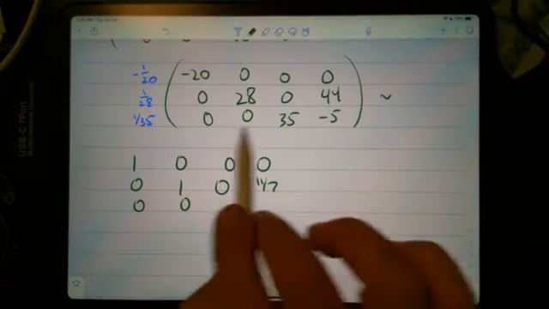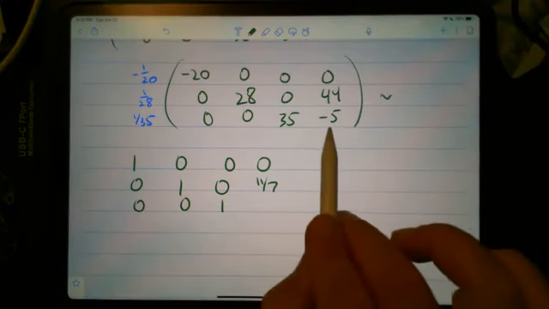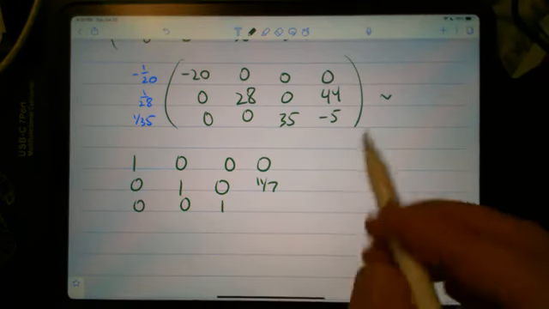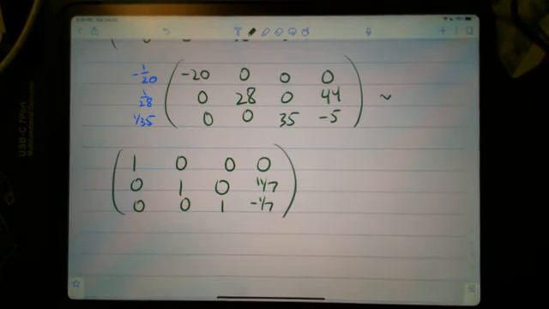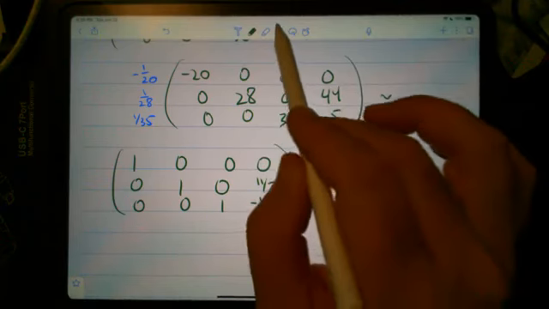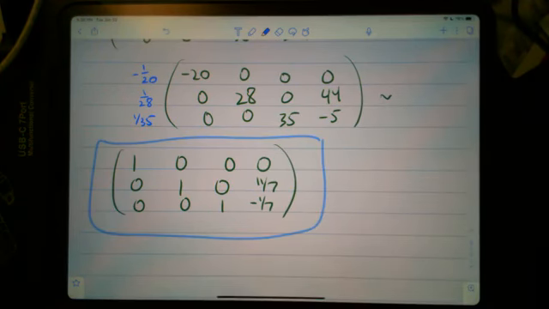And then 1 over 35 times 35 is 1. And then 1 over 35 times -1/5, this is going to be -1 over 7. Okay. And now this is in reduced row echelon form.